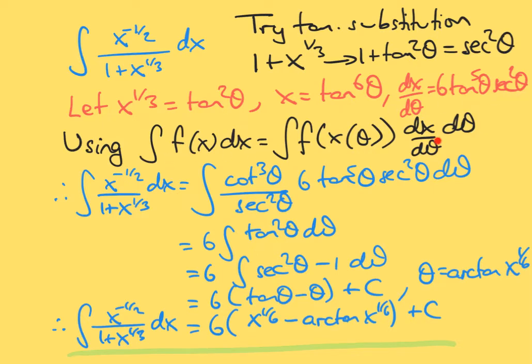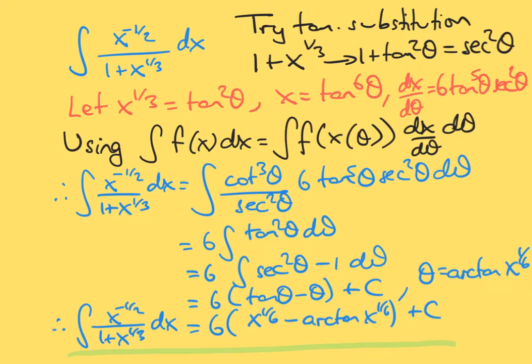The equation we're using is if you have an integral of some function of x with respect to x, you can rewrite x in terms of a new variable, just as we're doing here, insert by hand dx d theta, and integrate with respect to theta. So here's our integrand. Let's rewrite this using this relationship.